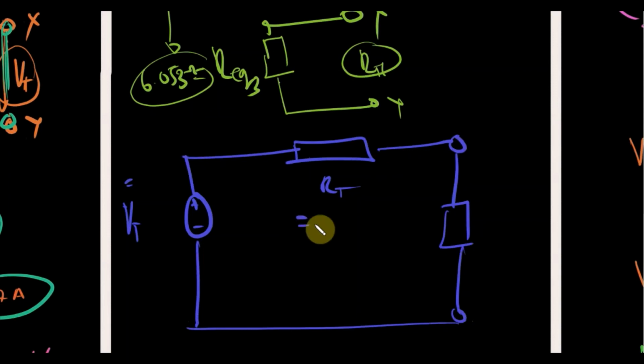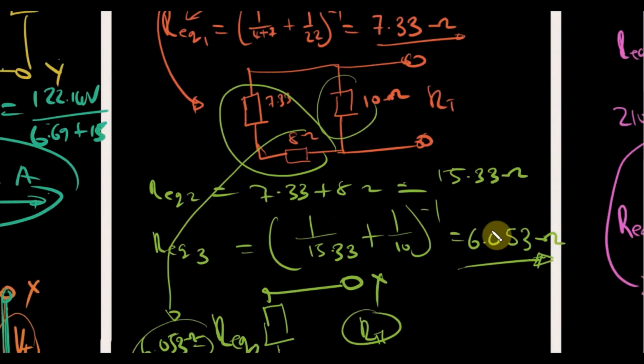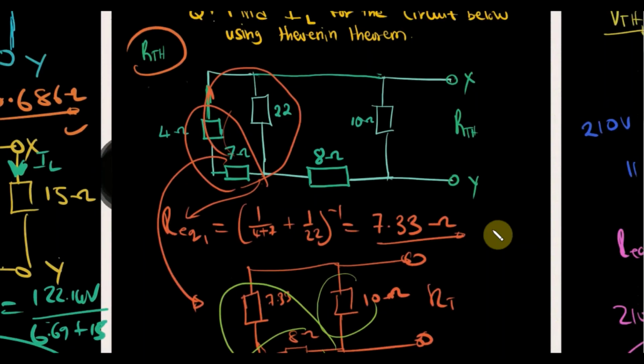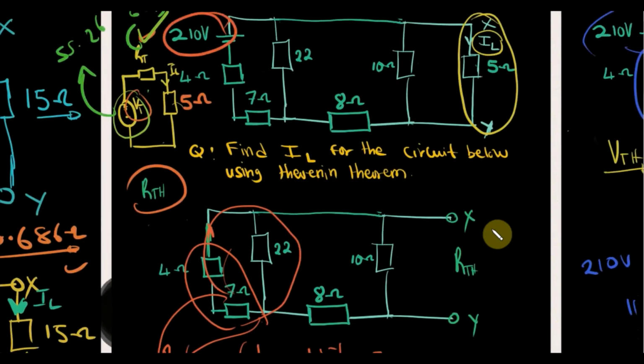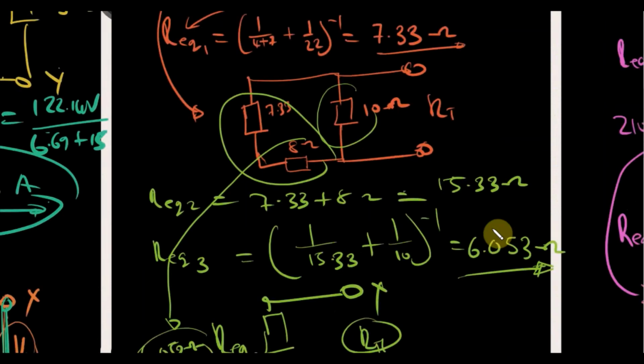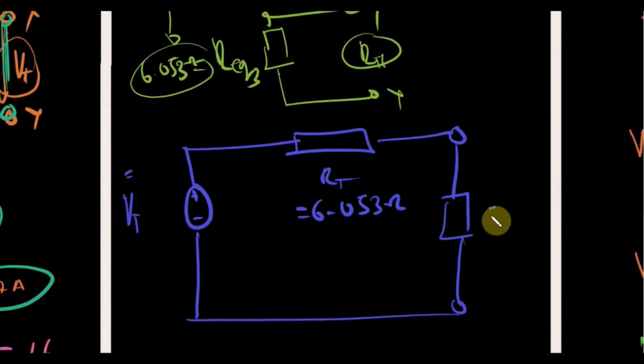What don't we have? Nothing. So we are good. R Thevenin was 6.053 ohms, and the load resistor was 5 ohms.